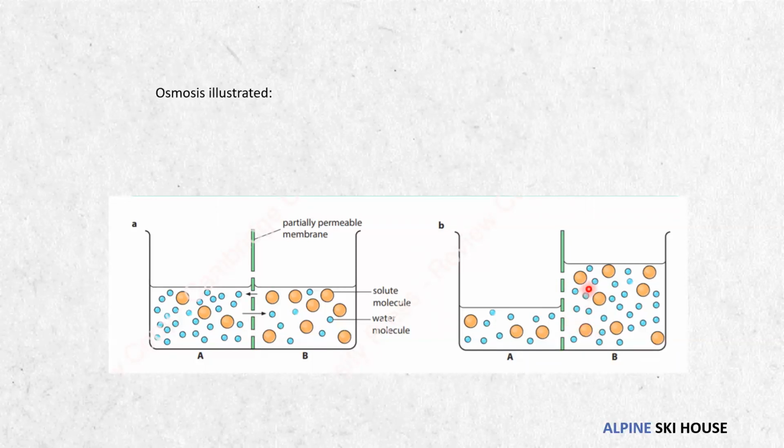There can never be 0 movement. It's just that movement from here to here is greater, which is why the water level of this has risen. But if this is randomly placed here, will this water level go back down? No, it won't, because now it's balanced out. The net movement is balanced out. Over here, the net movement was towards the left side, but over here, the net movement is balanced out.